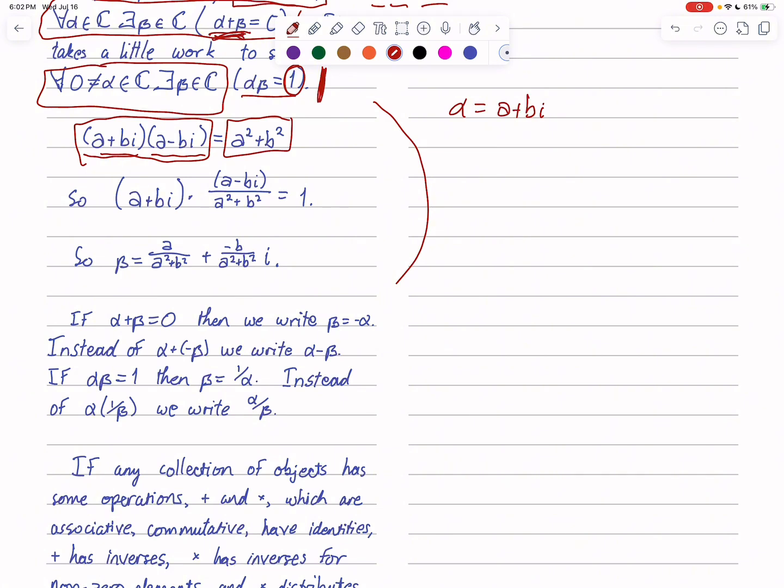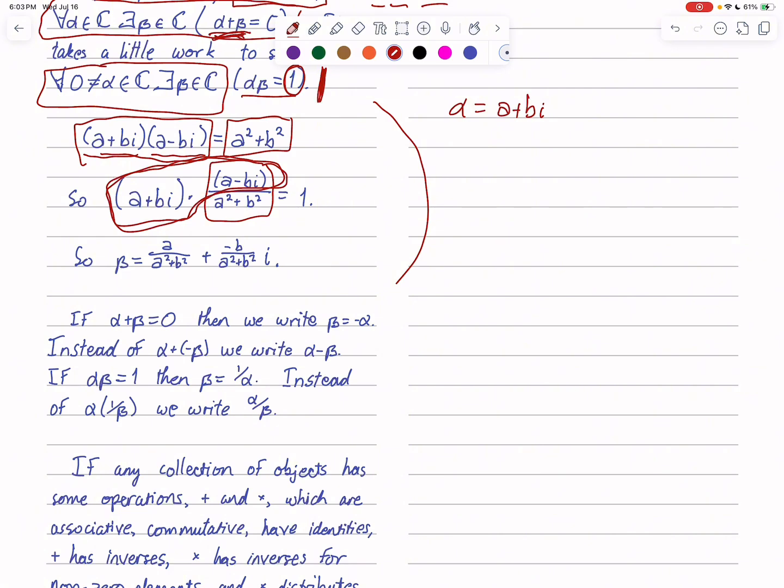Now, that doesn't mean that we're yet at the number 1, but maybe that gives me a helpful idea. Maybe if I take a minus bi and divide that by a squared plus b squared. The idea is I know that when I do the top part, when I multiply a plus bi times a minus bi, that's going to come out to a squared plus b squared.